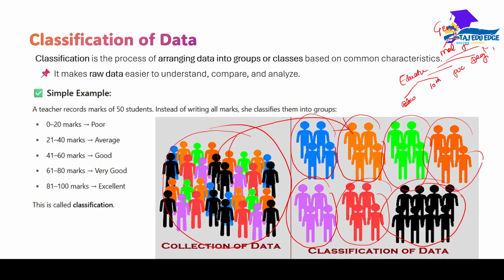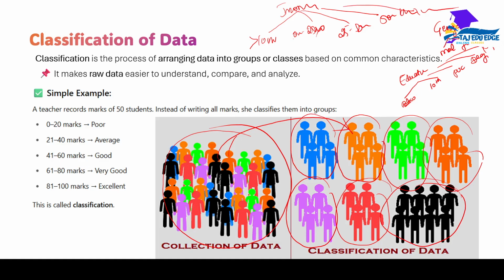Like that we can segregate the information. Gender, education, can we segregate the information based on income level? Yes, let's say below 10,000 per month, 10,000 to 25,000 per month, 25,000 to 50,000 per month, 50,000 to 1 lakh per month, more than 1 lakh per month, something like that, based on what our requirement is, what our objective is.